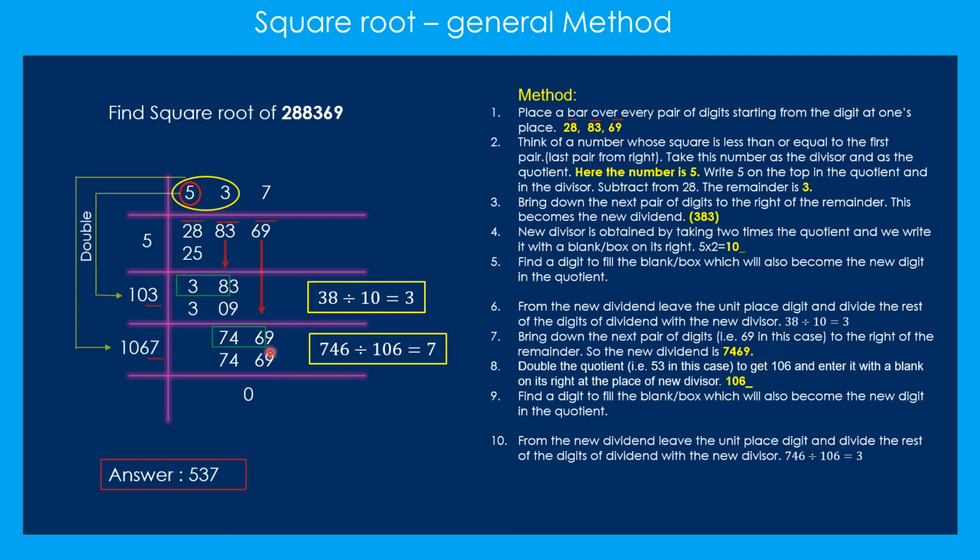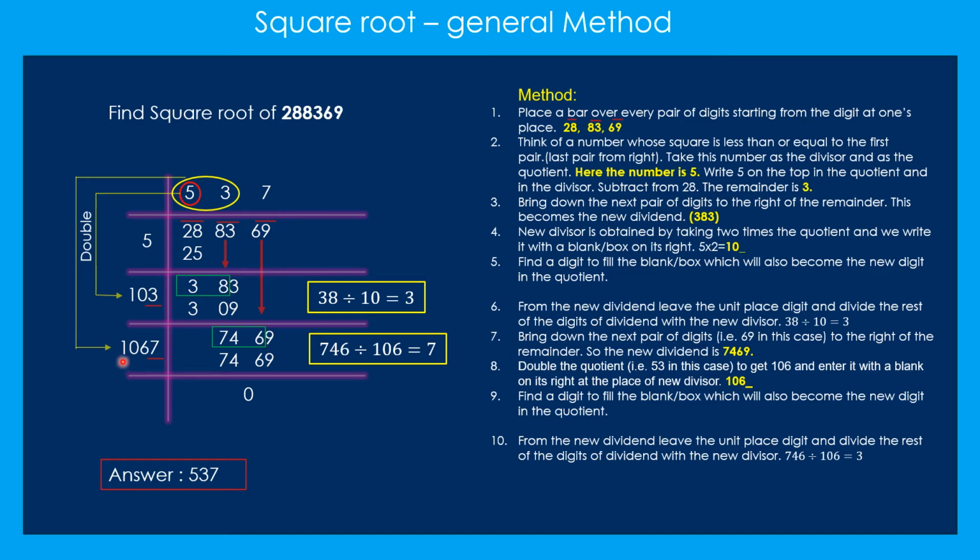So leave the unit digit of the dividend and the rest of the digits are divided by the new divisor, that is 106. So 746 divided by 106, you get the quotient 7. So this 7 is added to the blank space as well as on the top of the quotient.